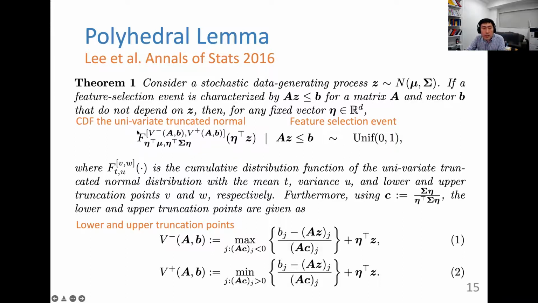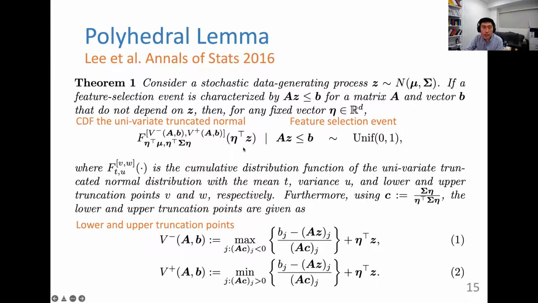Here F is the cumulative distribution function of the univariate truncated normal distribution with mean T and variance U. This is the lower truncation point, this is the upper truncation point, this is the mean and this is the variance.